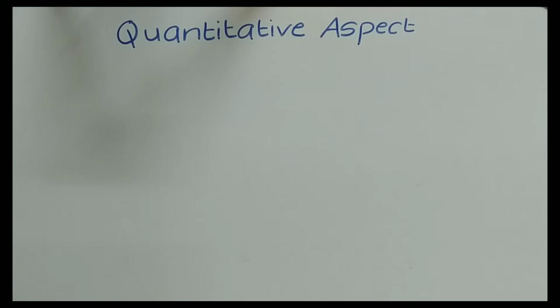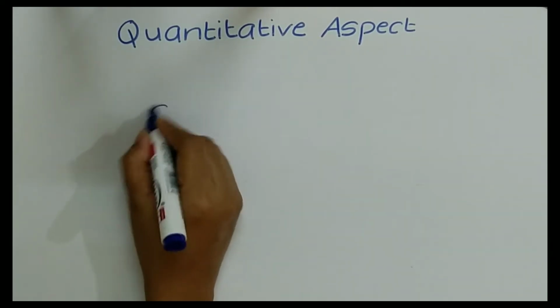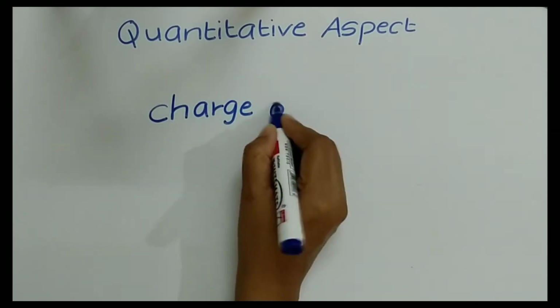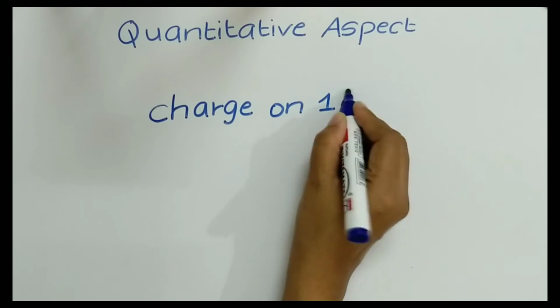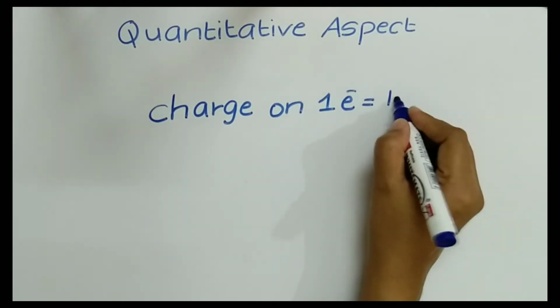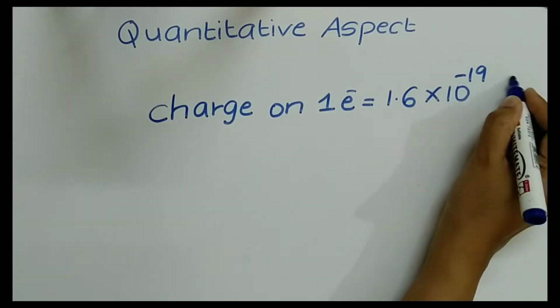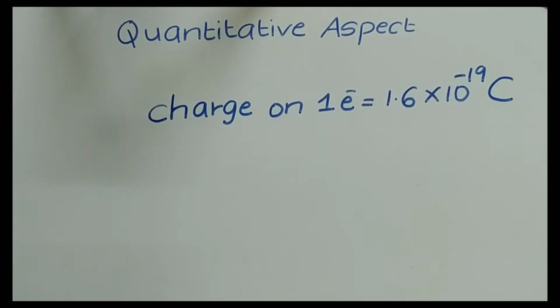Before going to the law, let's learn one basic thing. We all know that the charge on one electron is equal to 1.6 into 10 to the power minus 19 coulomb. Right.